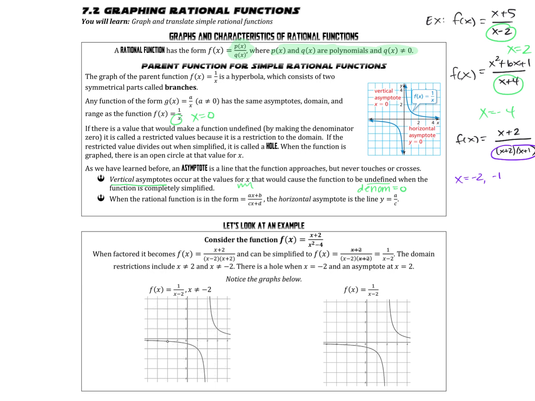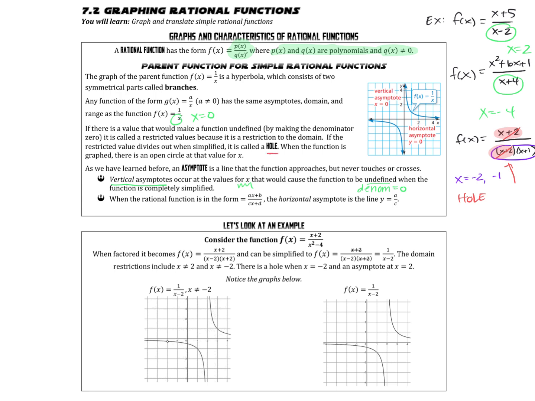What I want you to notice in this class is that we actually have an x plus 2 factor in the numerator and in the denominator, which means we can divide that factor out. When that factor divides out, it's called a hole in the graph. And I'll show you what that looks like in the graph in just a minute.